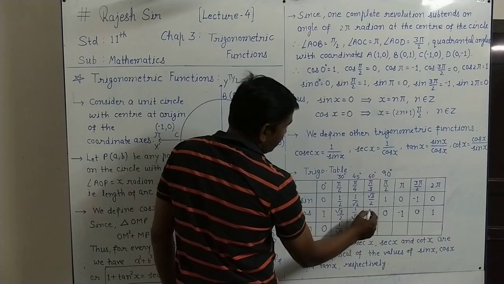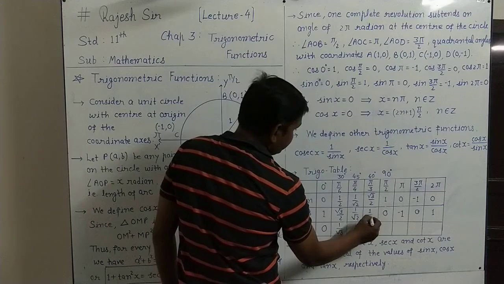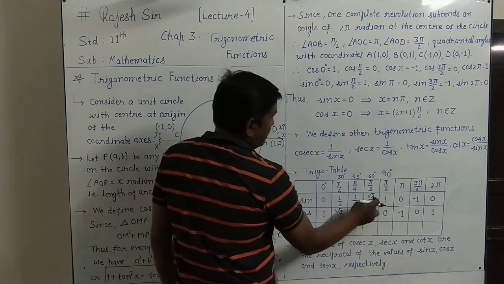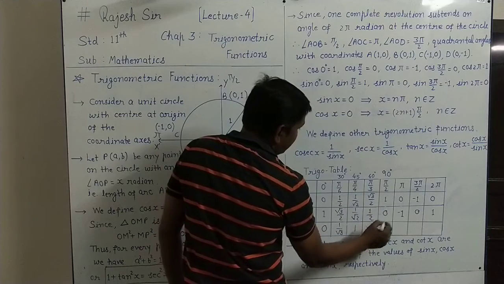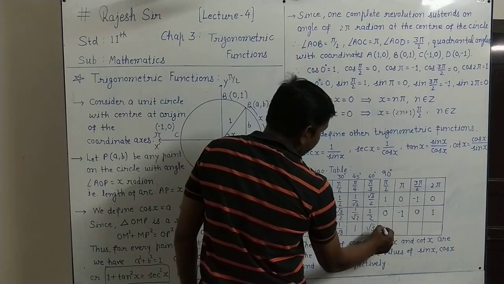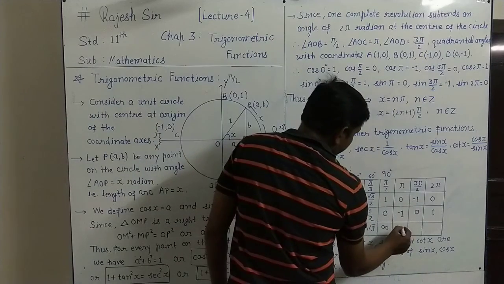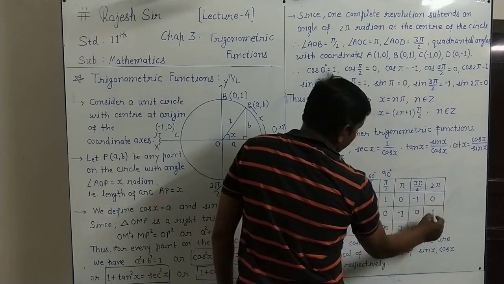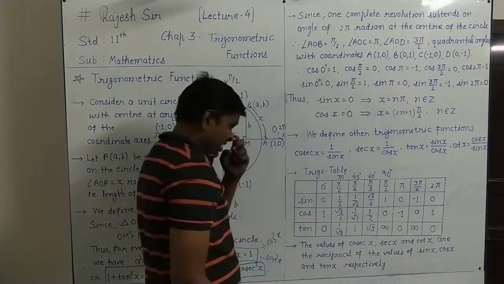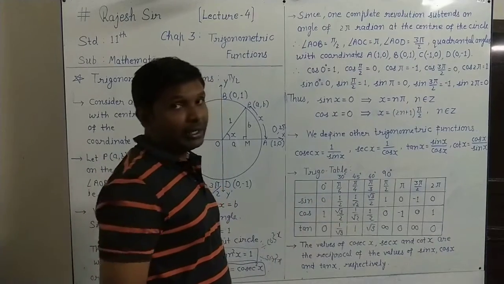Root 3 by 2 upon 1 by 2, the 2s cancel, root 3 by 1, which is root 3 only. 1 upon 0 is infinity or undefined. 0 upon anything is 0. 1 upon minus 1 upon 0 is infinity. 0 upon 1 is 0. So this way we have drawn the sine, cos and tan trigonometric table.